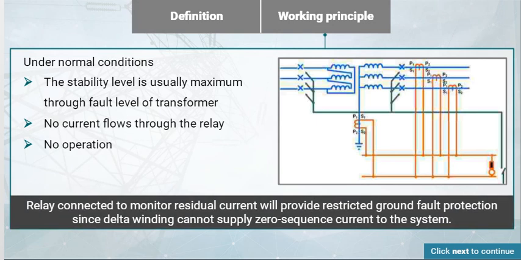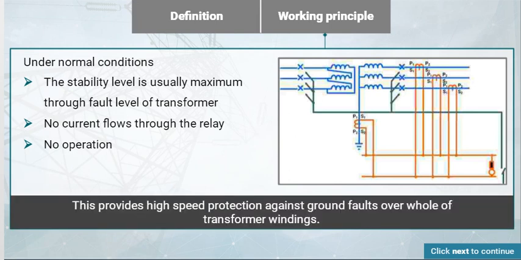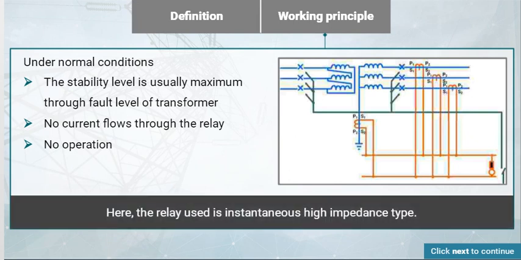A relay connected to monitor residual current will provide restricted ground fault protection, since the delta winding cannot supply zero sequence current to the system. Both windings can thus be protected separately with restricted ground fault protection. This provides high-speed protection against ground faults over the whole of the transformer windings. Here, the relay used is the instantaneous high impedance type.